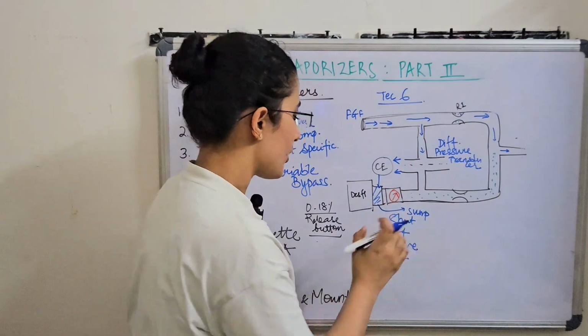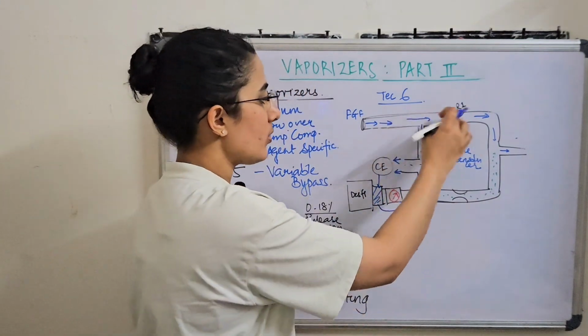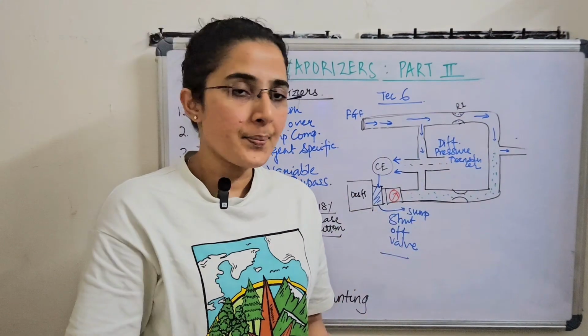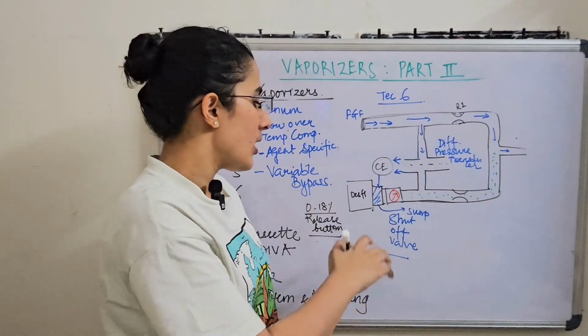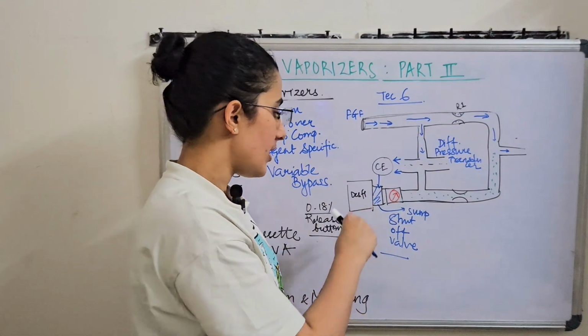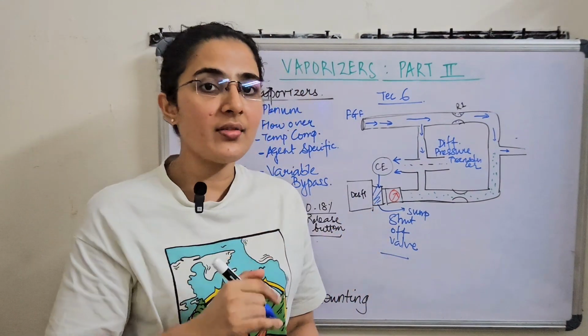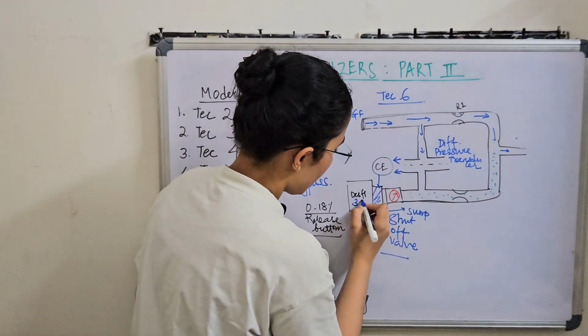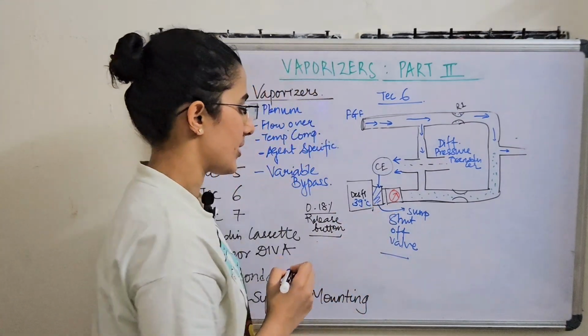So what is the function of this? Even though there is a fresh gas flow, the desflurane can't just start giving off vapors. This sump shut off valve ensures that the desflurane vaporizer reaches 39 degrees Celsius.